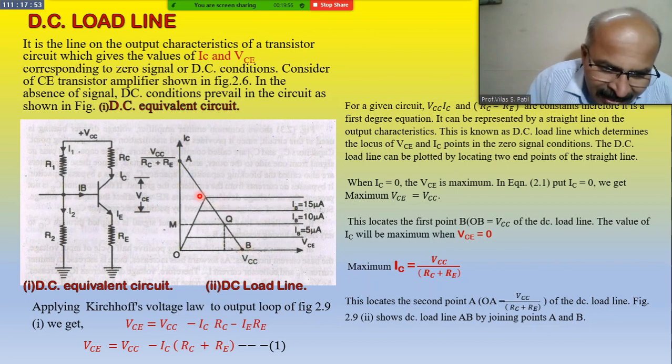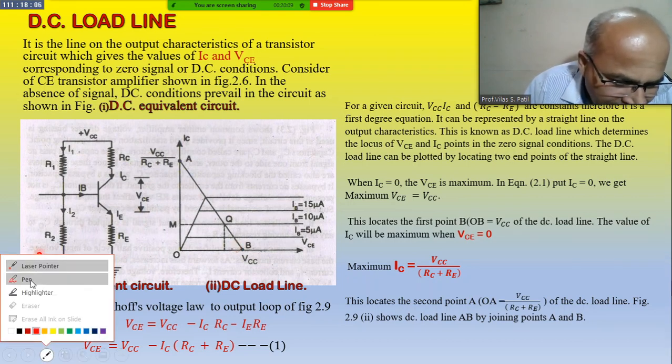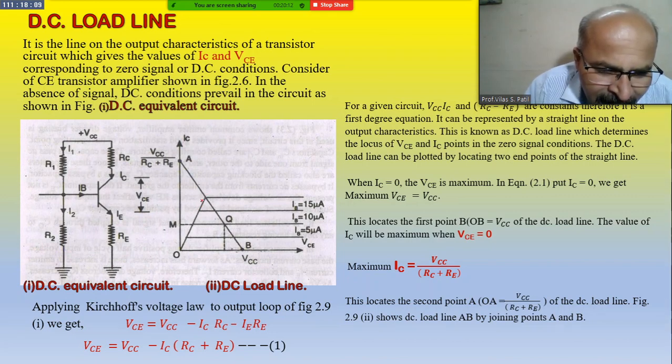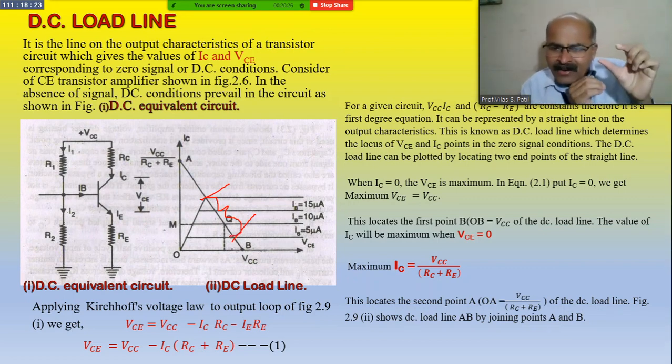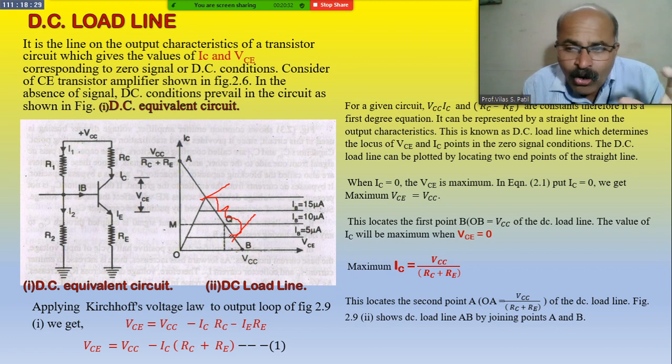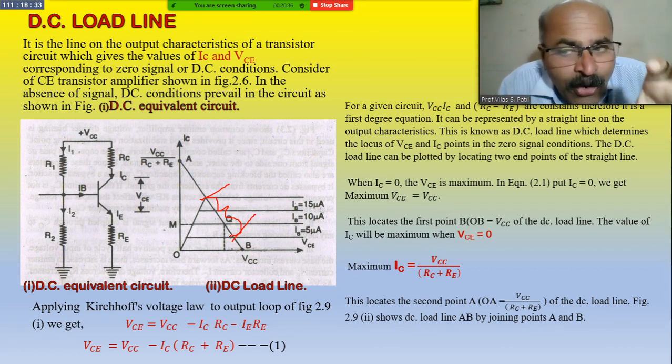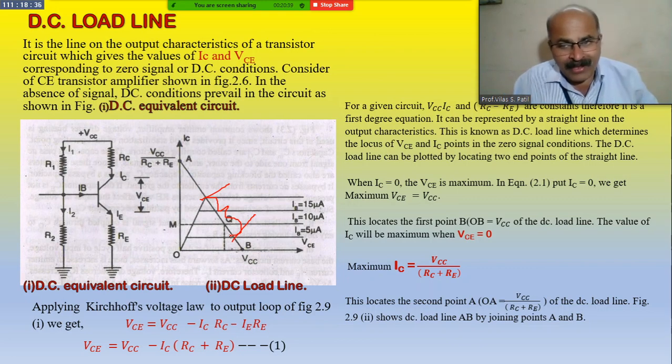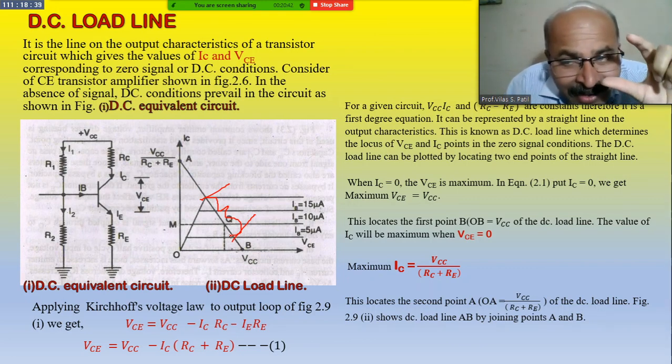Means that the region in which the AB load line intersects the characteristic, this part of DC load line AB, only appears in the active region.